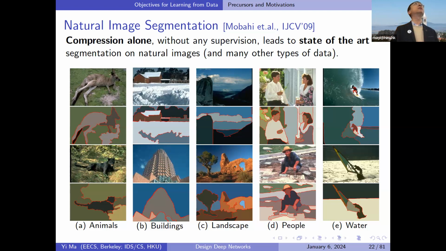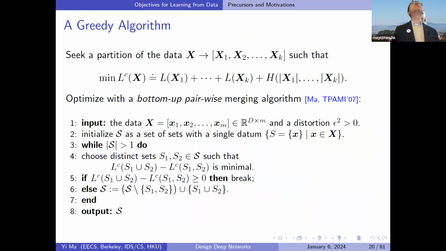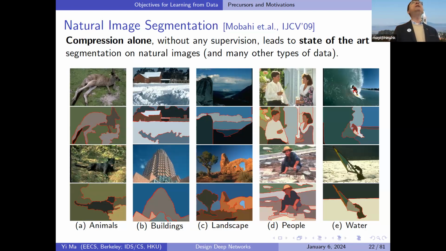They use all kinds of heuristics to define similarity. This algorithm has zero heuristics. It just compresses the image and measures the number of bits. If you segment properly, you should save bits. It already beat all these heuristic-based segmentation algorithms of the time.